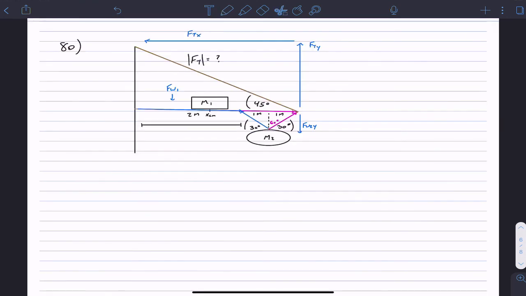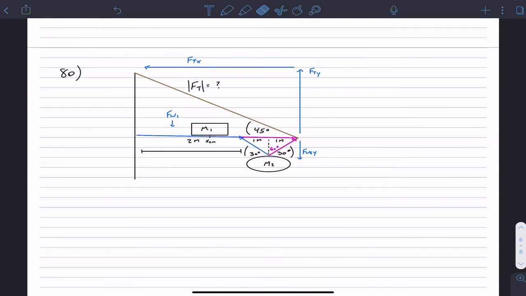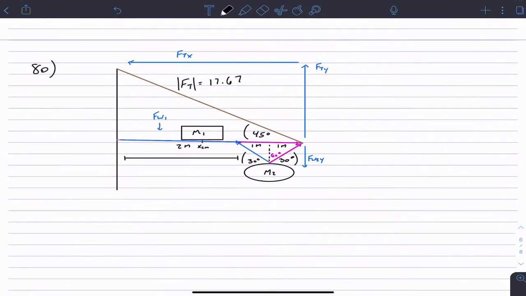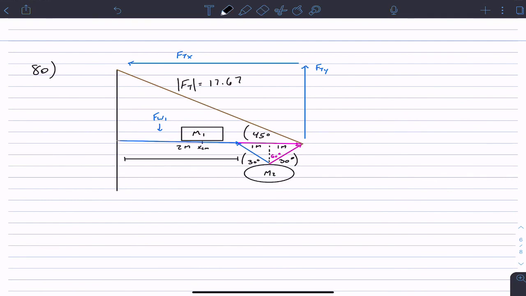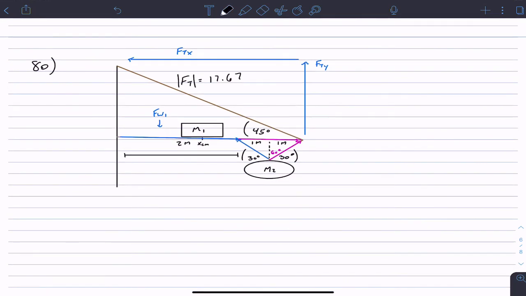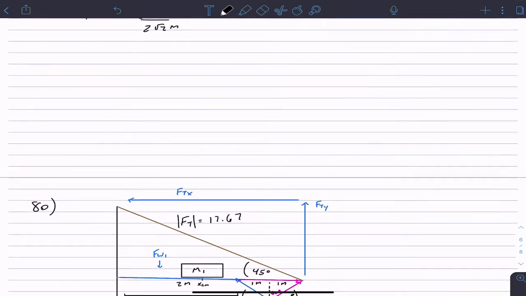Okay, for the next problem, it says find the magnitude of the vertical and horizontal components of the force that the hinge must exert on the rod to keep the system in equilibrium. So now, well, we know what this is. This is 17.67, right? So, similar setup. But this time, we're going to just sum up the x and y components of the total forces in the system.